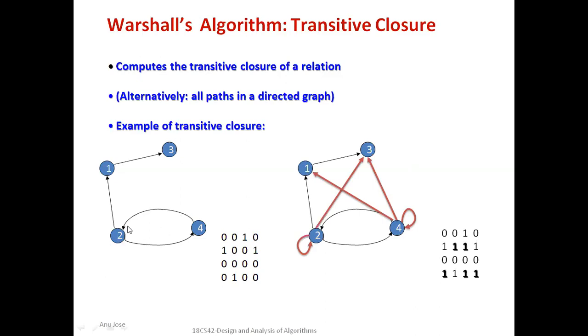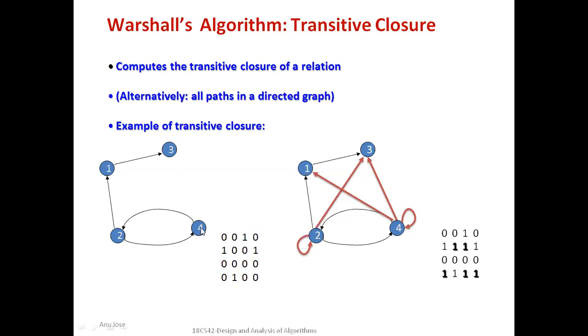So 2 to 2, there is a path existing: 2 to 4 and 4 to 2, that is a new path. And 2 to 1 and 1 to 3, there is a path. So 2 to 3, there is an edge. Those two entries I have updated.